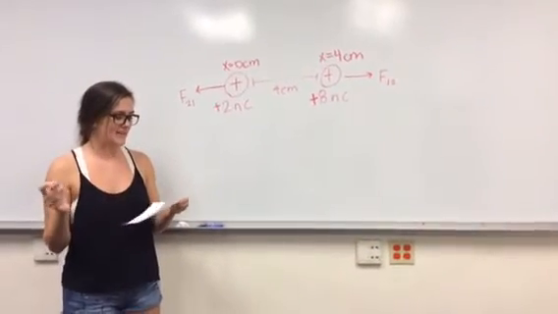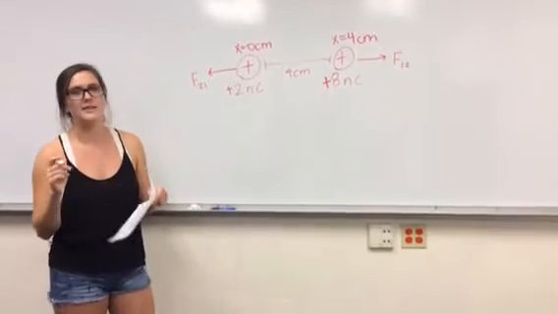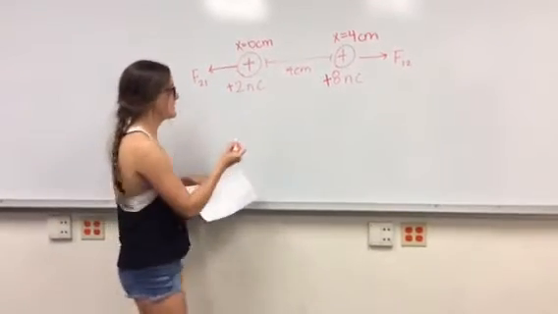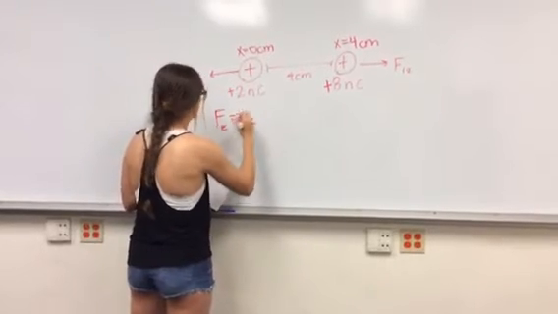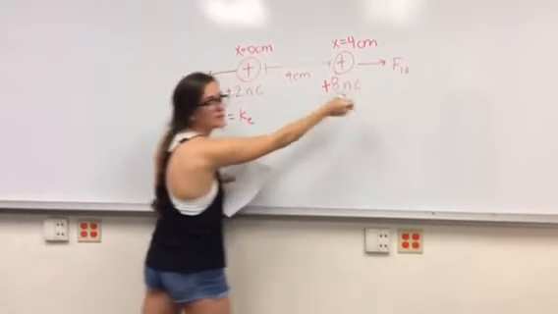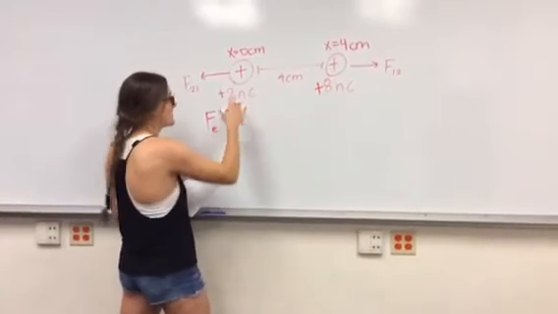Alright, so in part C, we were asked to find the electric field felt by each charge, and we were asked to find the magnitude and direction. So firstly, if you look at the force equation, let's say we're doing F1 on 2, so basically this is the force felt by this charge from this one.